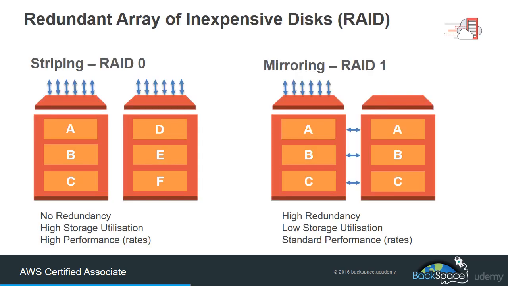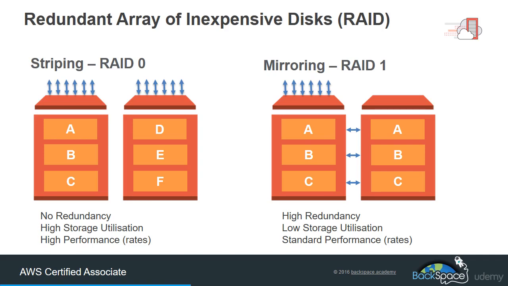Redundant array of inexpensive disks, or RAID. So there are a number of RAID strategies available, but the ones that you should really know for an associate level course or associate level certification would be RAID 0 or striping, and RAID 1 or mirroring. In striping, there is no redundancy, and we have our data distributed across multiple volumes.